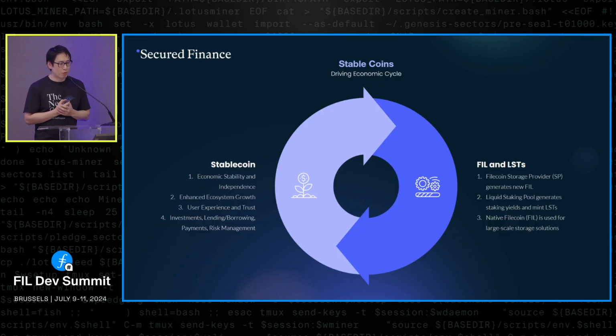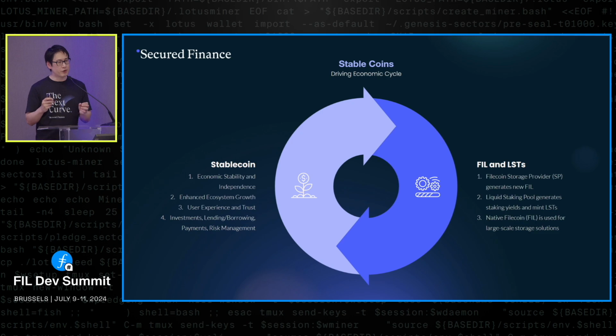And why it's important is, on the right hand side, Filecoin and LSDs, engineers are creating a strong ecosystem of generating new Filecoin, and also lots of liquid staking projects are creating additional yields and additional use cases.